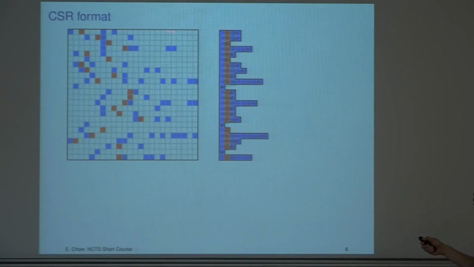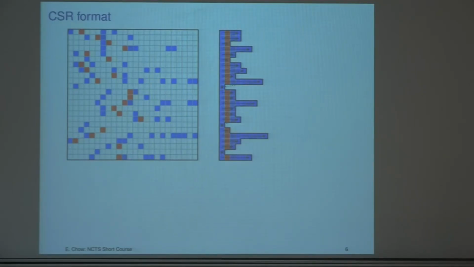Then we store the next 4 elements on the next row, then the next 2 elements on the next row. The colors don't really mean anything. In this matrix, the second non-zero element is colored red, so you can see that it lines up in this format. So this is a picture of what compressed sparse row format looks like.